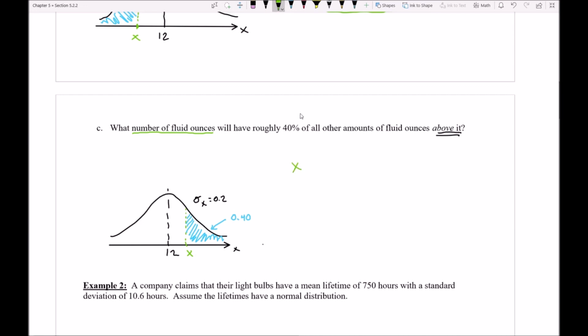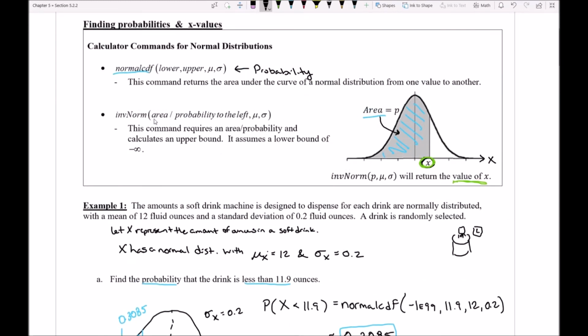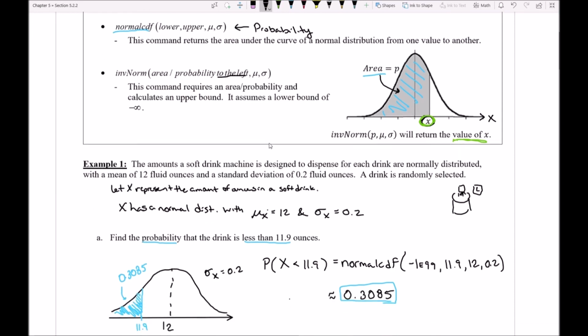Okay, so how can I find that x? What calculator command can I use? I can use the command of inverse normal. That's what the inverse normal command does. It finds you a mystery x on the number line. But remember, I had 3 inputs here, and the first input is the one that people often mess up. A lot of times people will come here and just write that blue 40% as their starting percentage, and that's definitely going to be wrong. Because, as we see up above in the box, I should insert the area or the probability that is to the left of the value of x that I'm looking for.